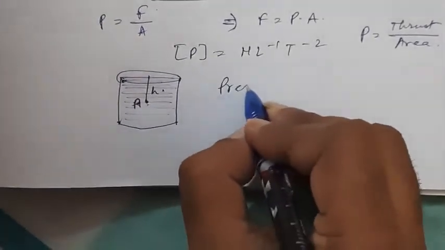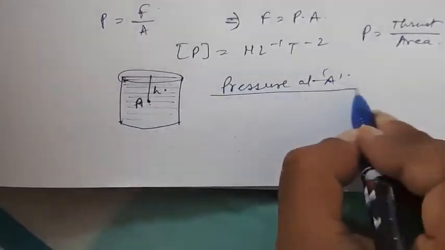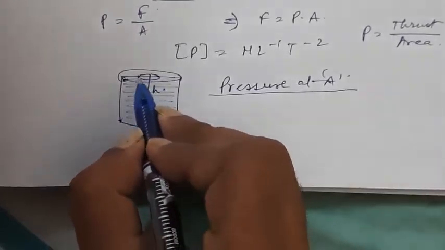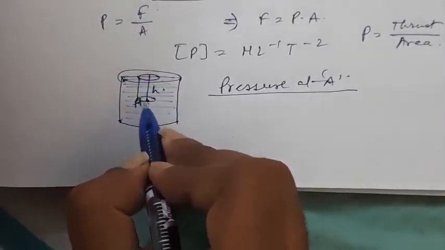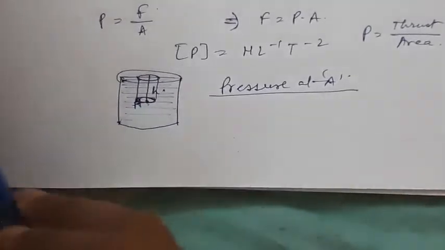So pressure at A, for this we have to consider a liquid column or a cylindrical column like this. Now the cylindrical column has a base area.